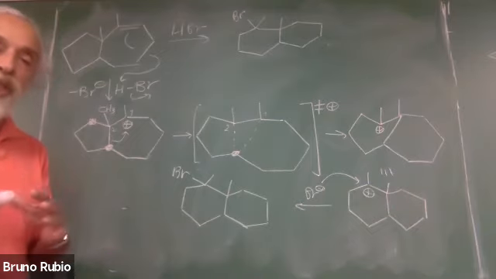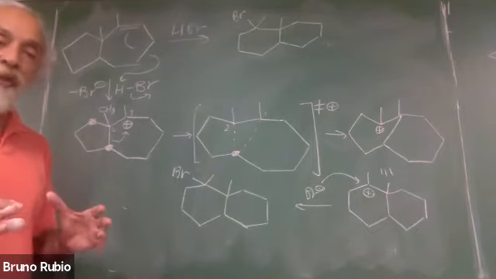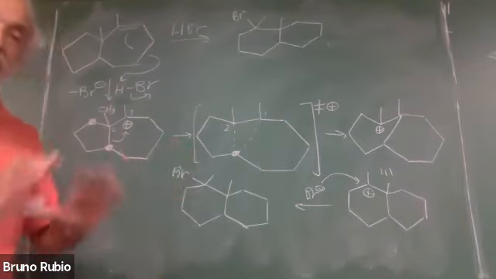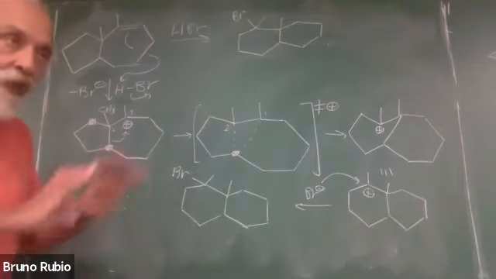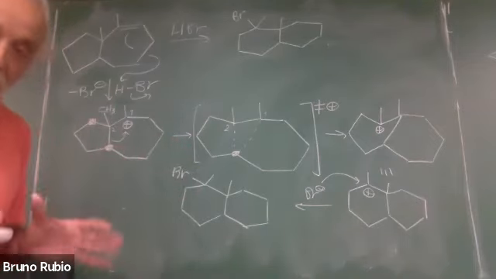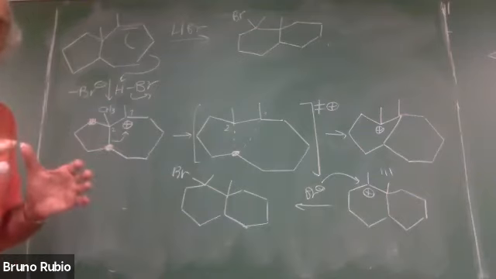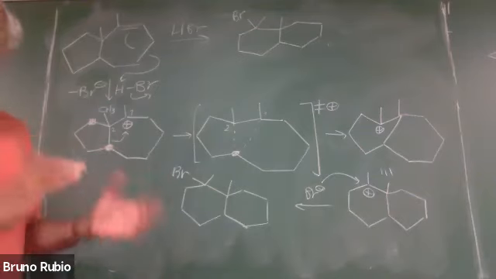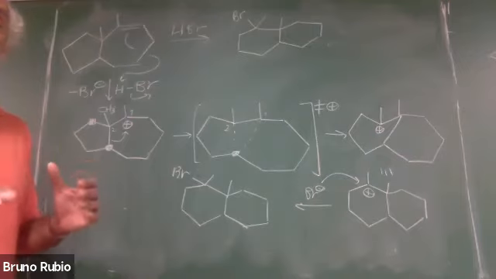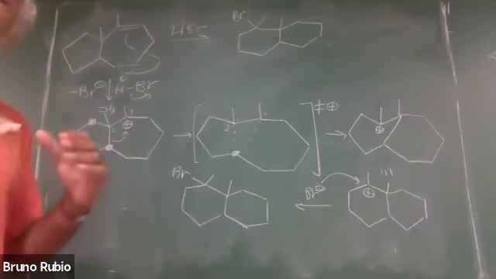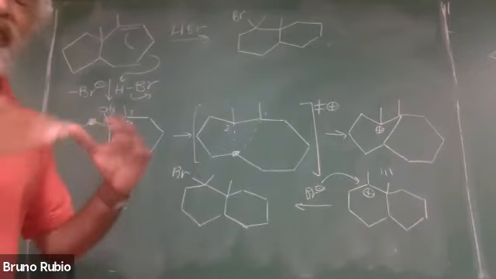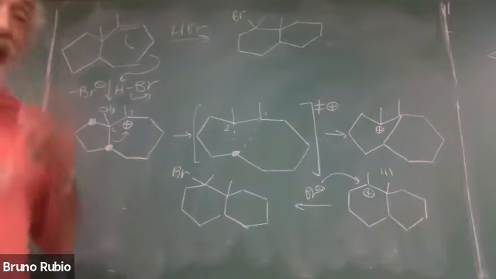That is going to suggest a carbocation rearrangement where the carbon skeleton somehow got changed. And then you have to identify candidates for the rearrangement that are going to proceed toward the actual product that is observed.